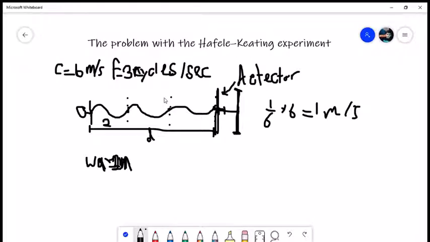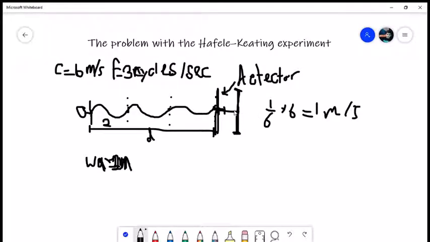So now we want to measure the actual change in time, the amount of time that will vary in the detector, and compare that to special relativity's change in time, or the time dilation's change in time.